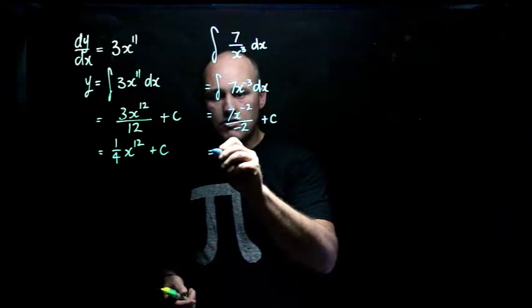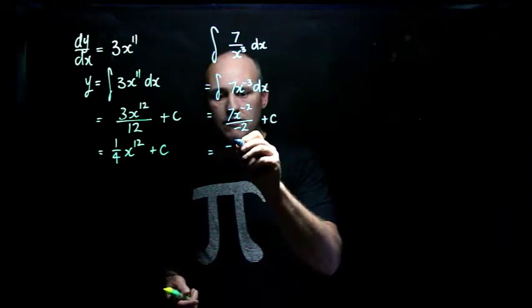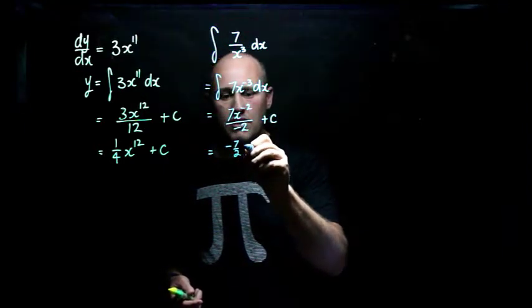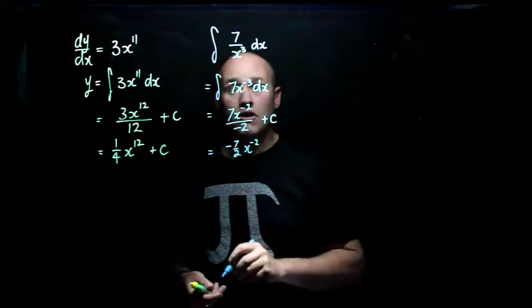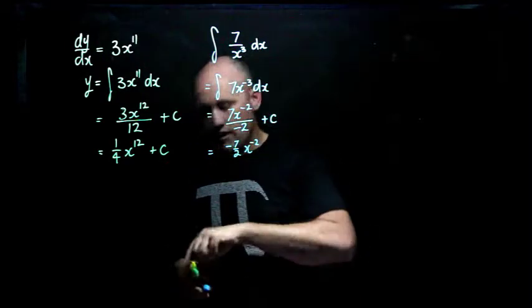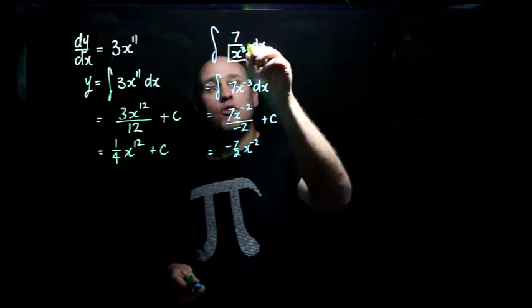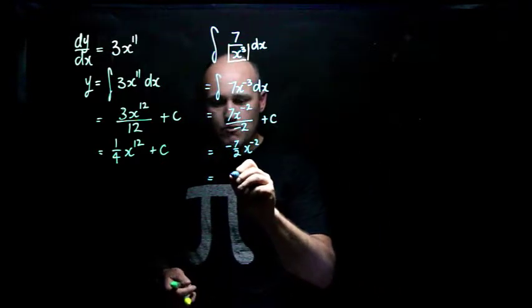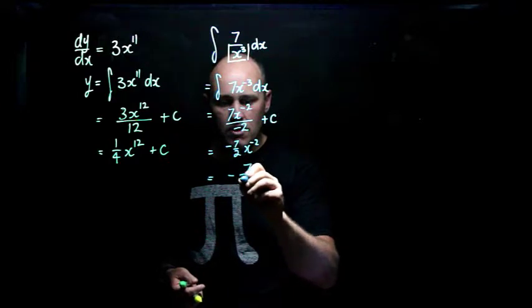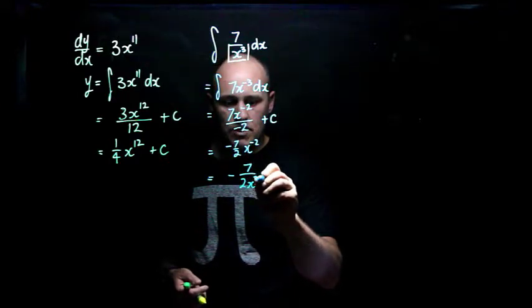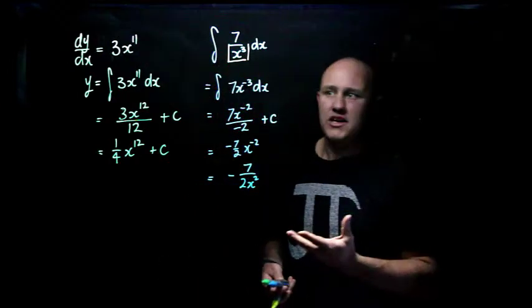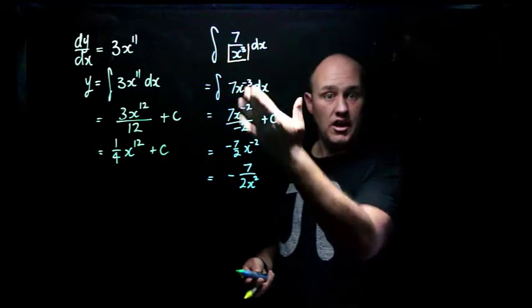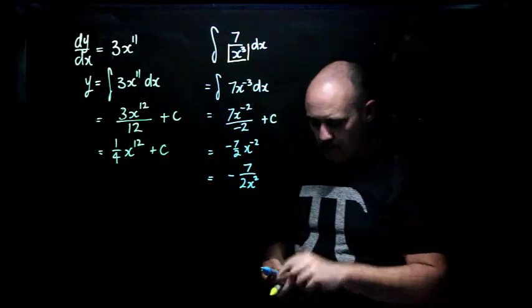And then this is equal to negative 7 over 2, or negative 3.5, x to the power of negative 2. We did start with our power as a positive in the denominator, so I'm going to return to that as well. And that gives me negative 7 over 2x squared. So it's a good practice to return to the form you started in as a rule of thumb.